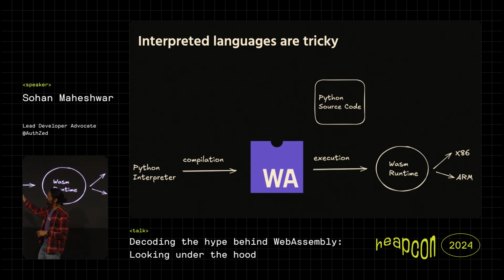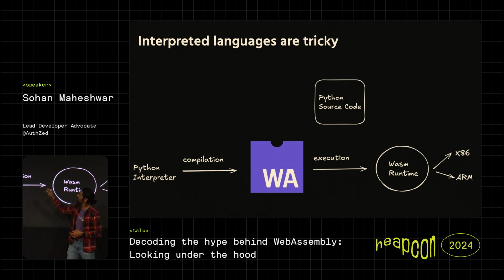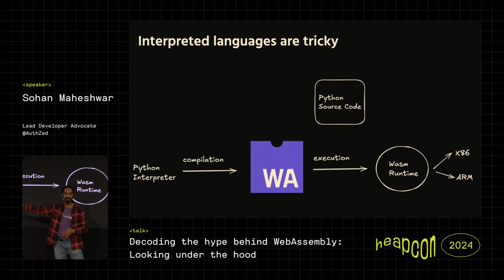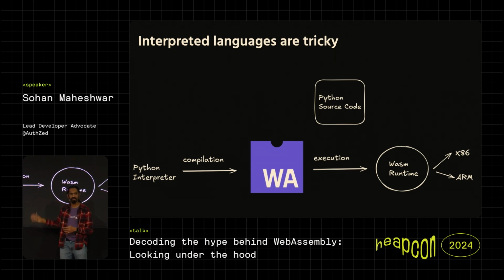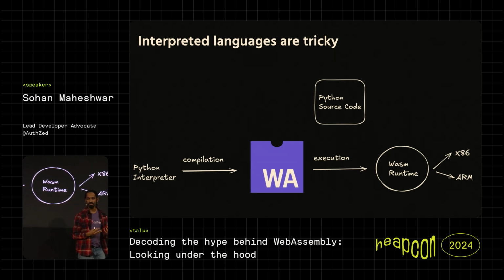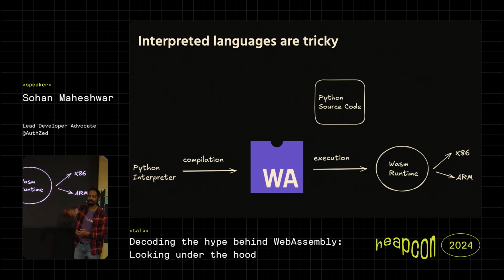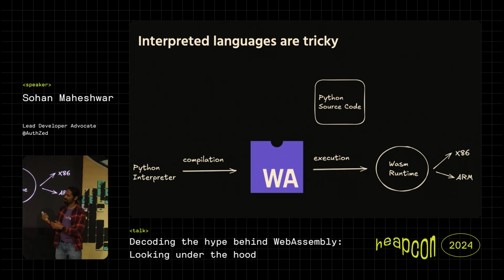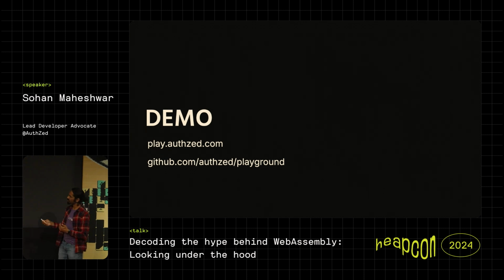There are other methods people are trying out where you transpile Python source code and not use the interpreter itself, so you transpile it to a lower level language, which is then executed. But these are different ways people are trying to write code in an interpreted language and then convert it to WebAssembly. So I'll show you a small demo of how we at OddSed use WebAssembly.